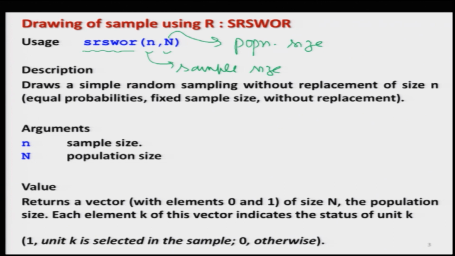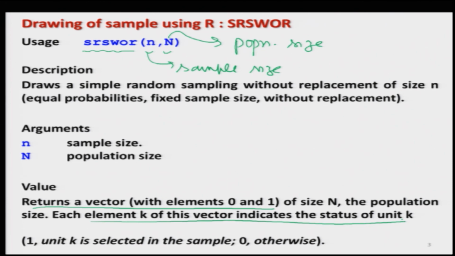This command gives us a simple random sample which has equal probabilities of selection for every unit, and it returns a vector. This vector will have two values, 0 and 1. The element k of this vector indicates the status of unit k.